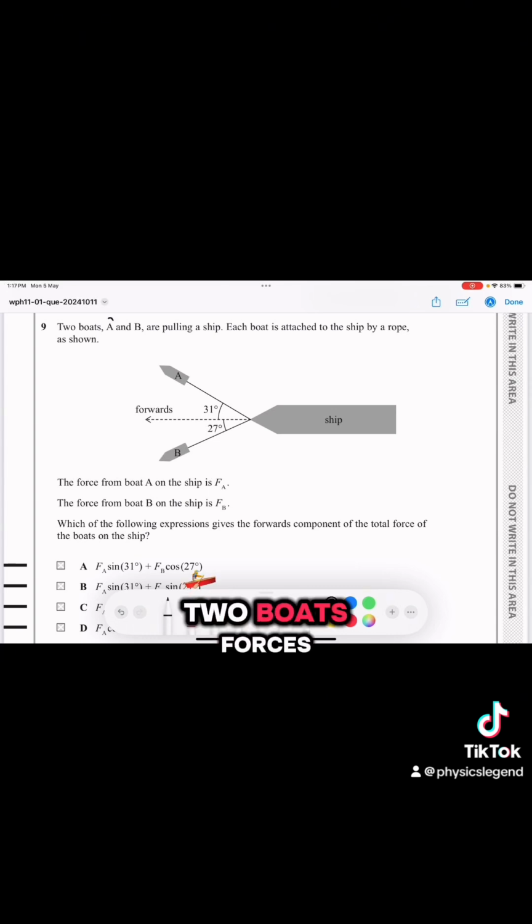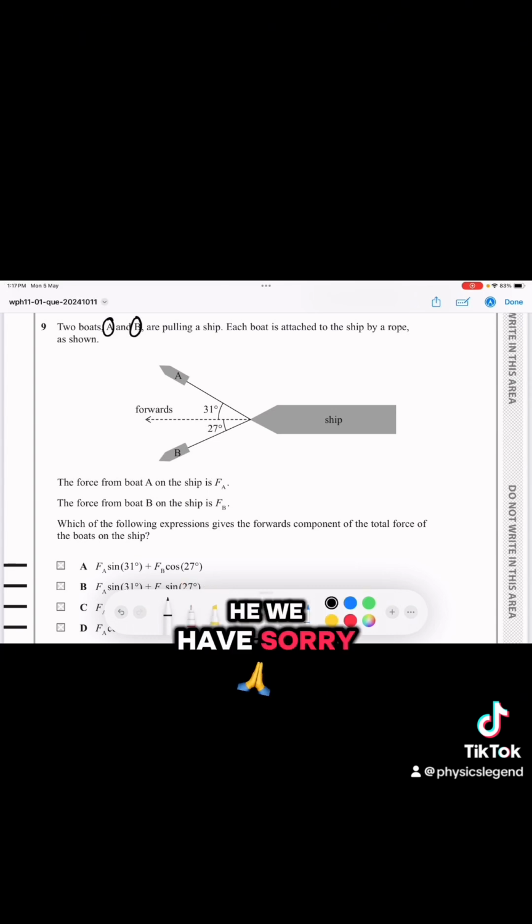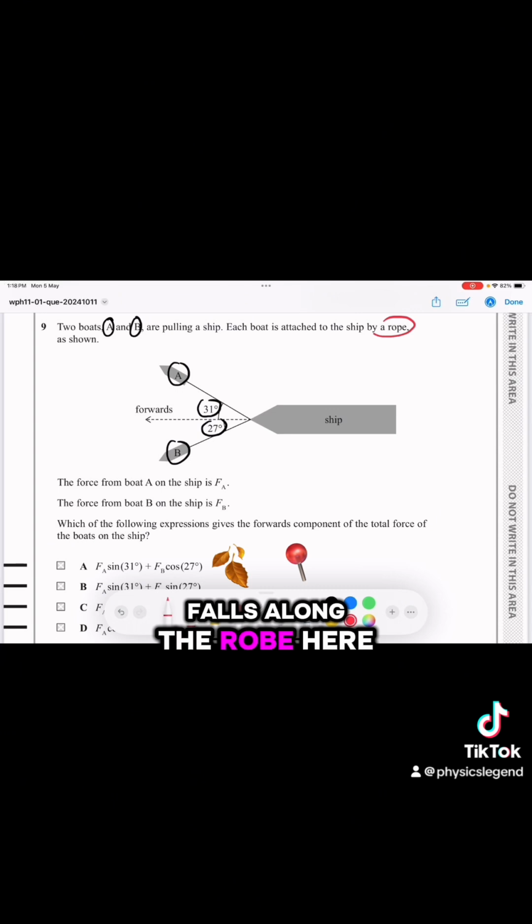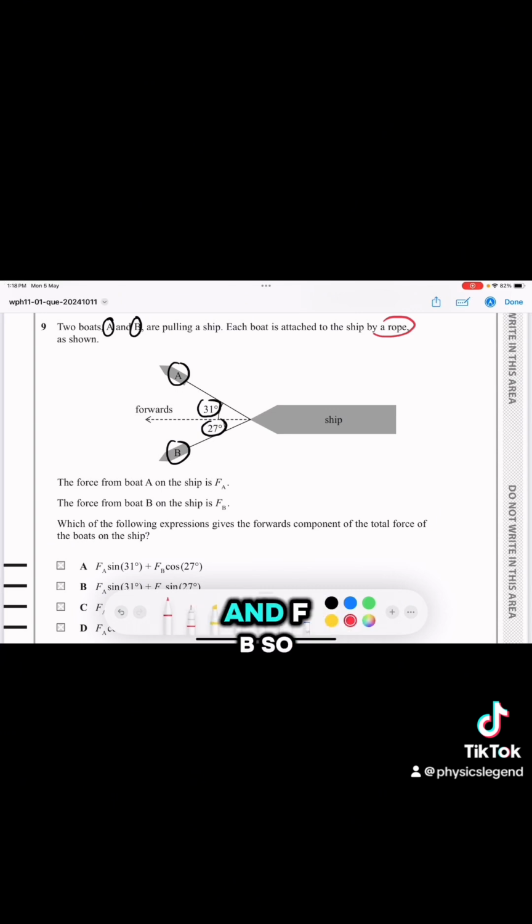Two boats, A and B, are trying to apply force on the ship, pulling the ship to the left side. We have angles here of 31 and 27 degrees, and they're attached by a rope. So we're looking for the force along the rope, which is FA and FB.